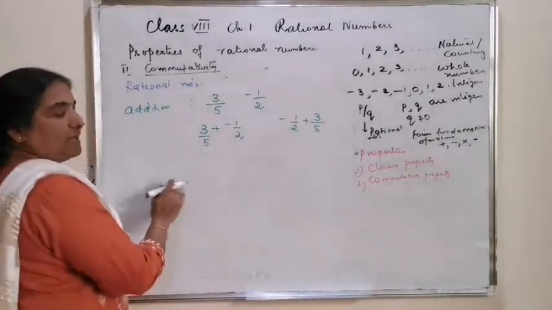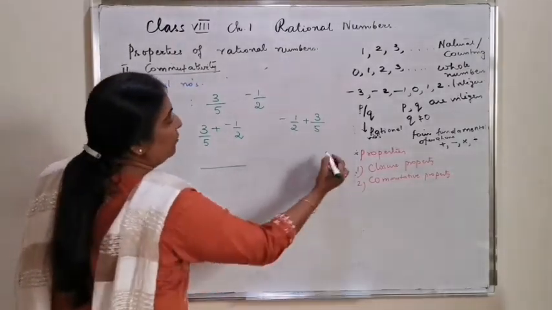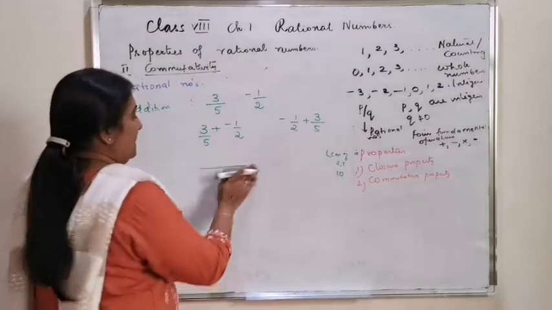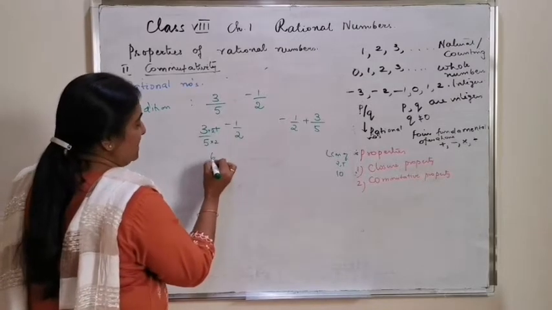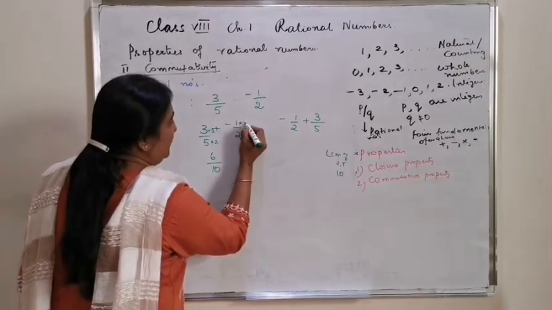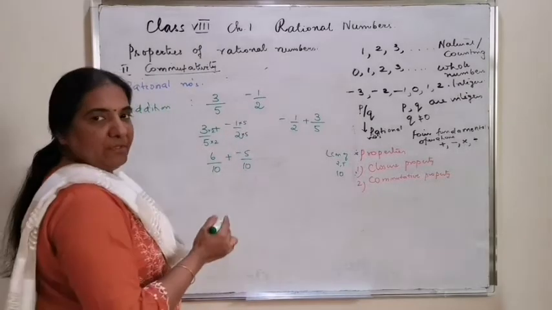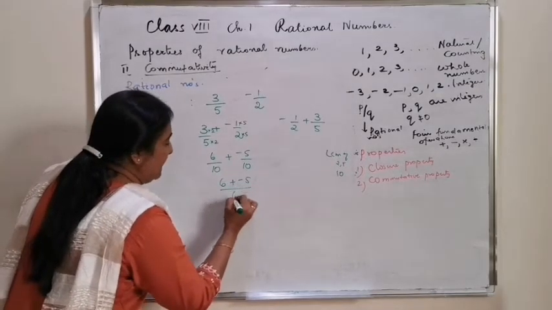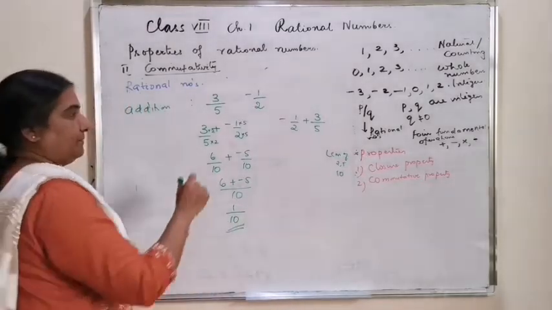Addition of rational numbers with unlike denominators. LCM of 2 and 5 is 10. 3 into 2 will give you 6 by 10. -1 into 5 will give you -5 by 10. 6 plus -5 by 10 is giving you 1 by 10.